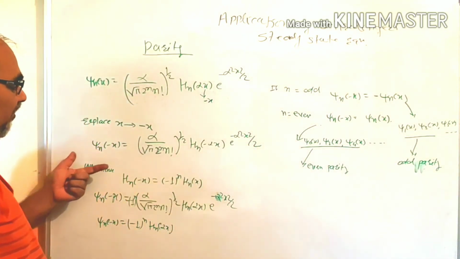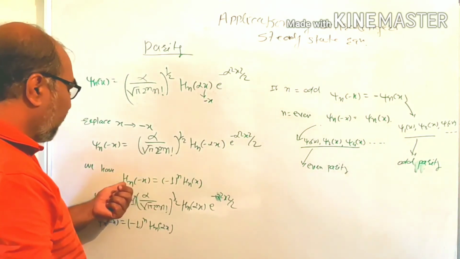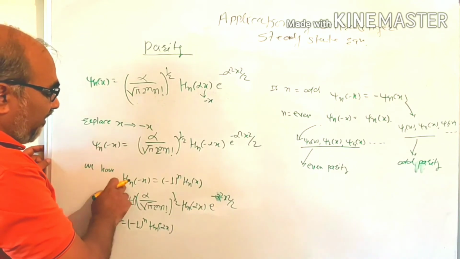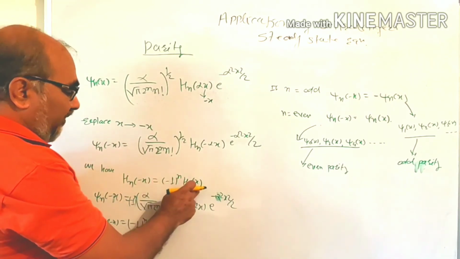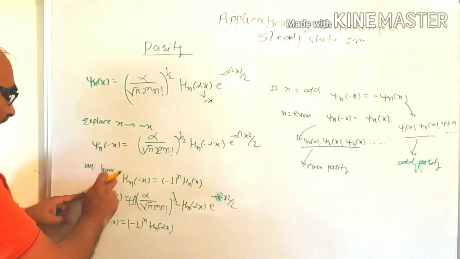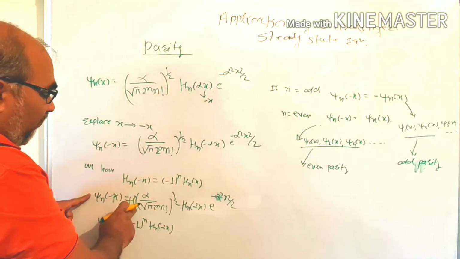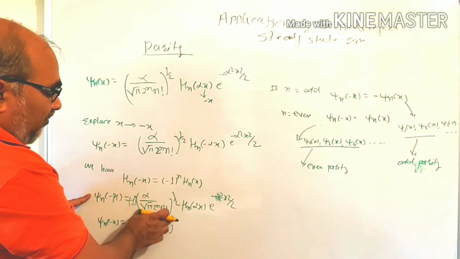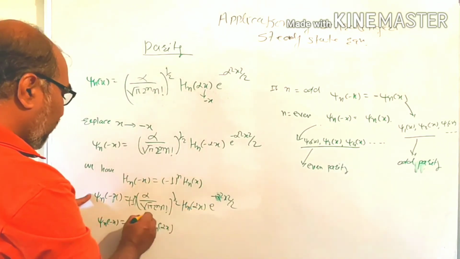According to a property of the Hermite polynomial, Hn of minus x is equal to minus 1 raised to n Hn of x, and using this formula, psi of minus x is equal to minus 1 raised to n times the constant, Hn of alpha x, e raised to minus alpha square x square by 2.